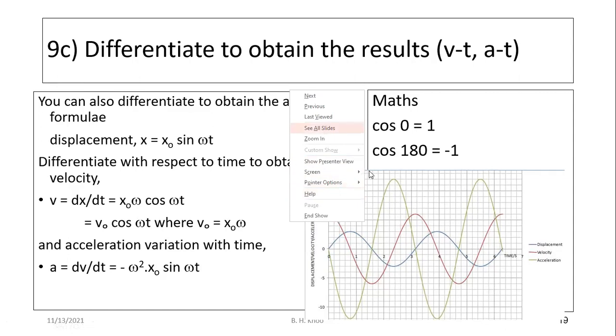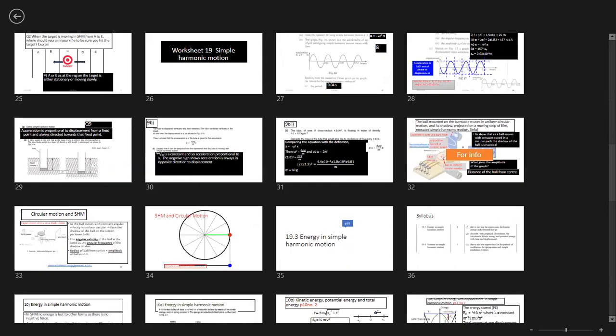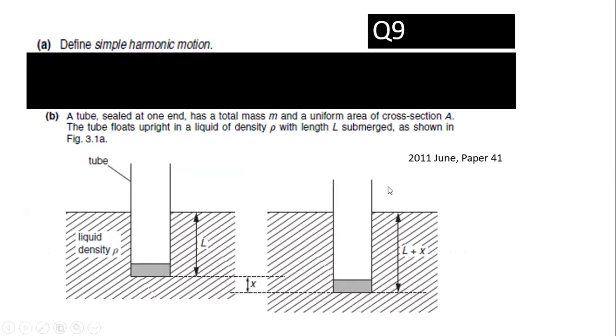So let us solve one problem. We have done all that. This is an A-level question. They will ask you to define. That's the first mark you have to receive. I can remember. Well, how to define?